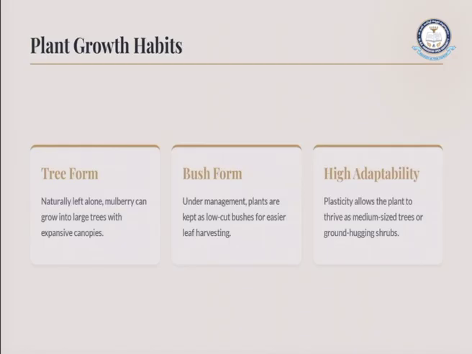Then we see the high adaptability. Plasticity allows the plant to thrive as medium-sized trees or ground-hugging shrubs. That means it can be adapted to be a shrub, a bush, or a large tree as well. Depending upon our requirement and convenience, we can manage the mulberry tree, because the silkworms will be feeding on the leaves.